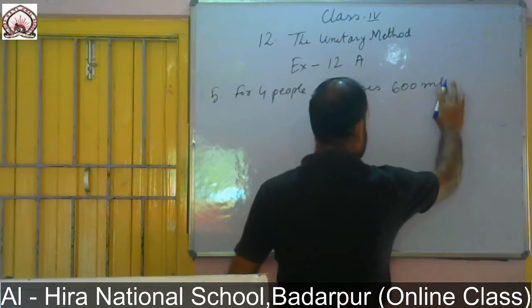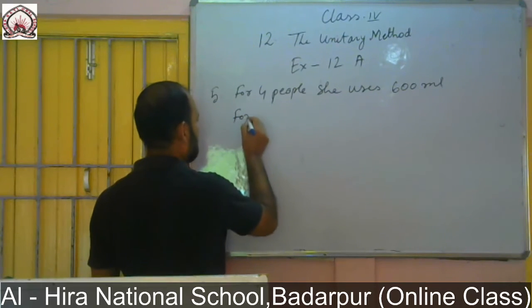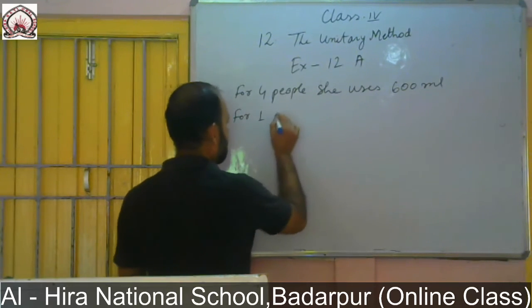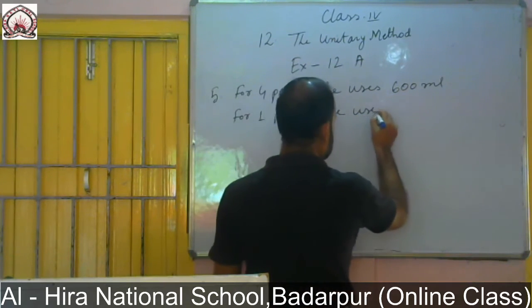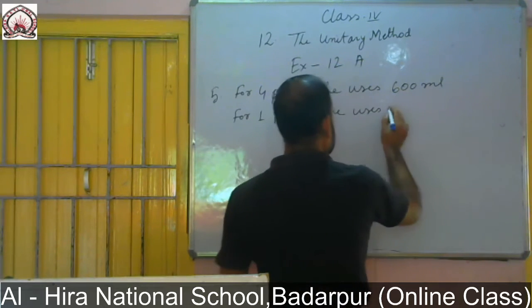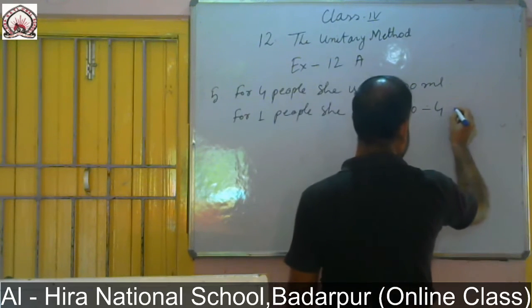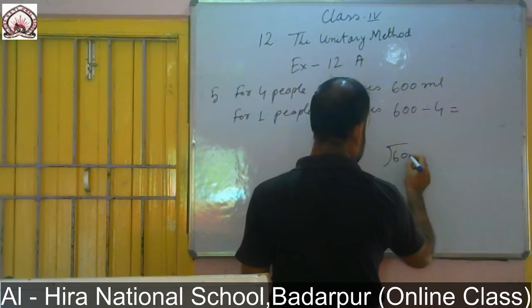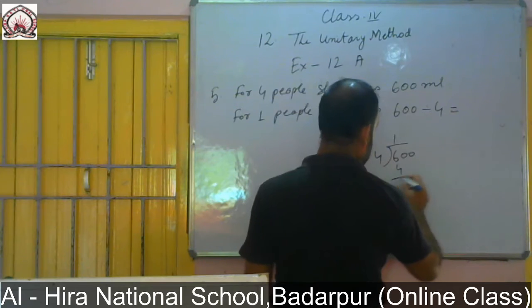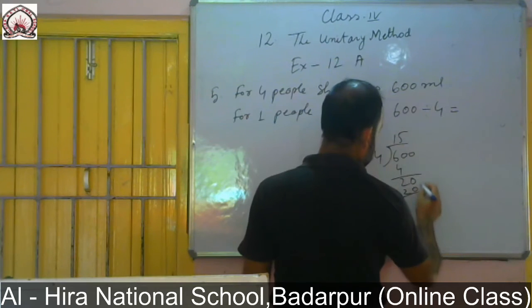So first we take out for 1 person. For 1 person, she uses 600 divided by 4. 4 1 is 4, remain 2, take down 0, 4 5 jar 20, remain 0, 4 0 jar 0.